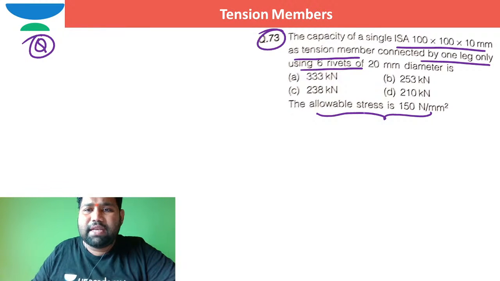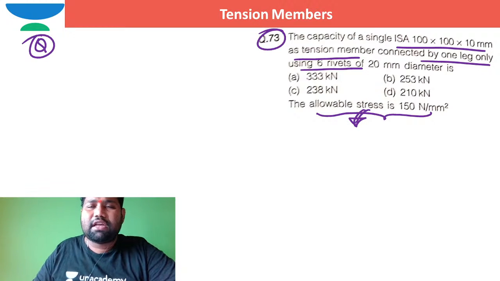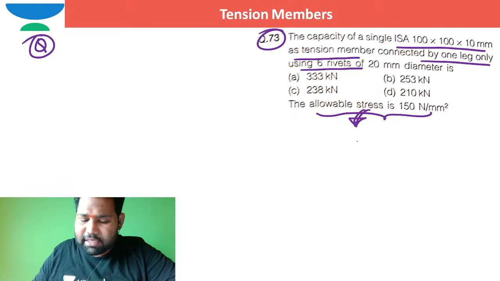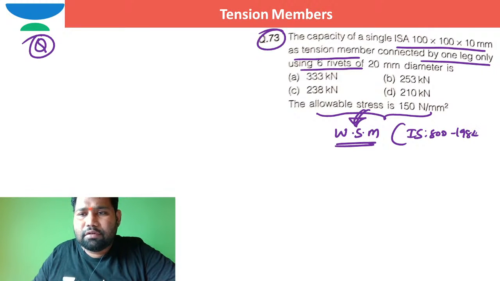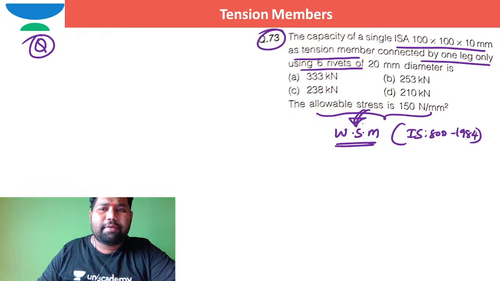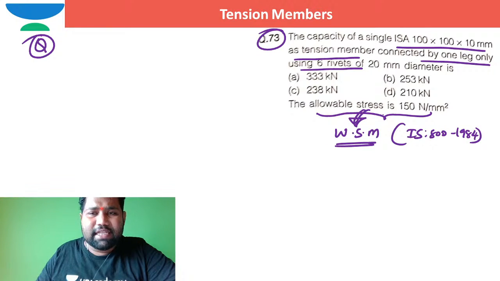When they mention the terminology called allowable stress, you should understand that this concept is completely based on the working stress method. In which code of practice is this working stress method emphasized? In the old code of practice, IS 800 1984.